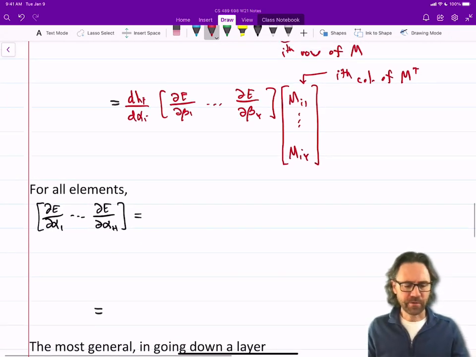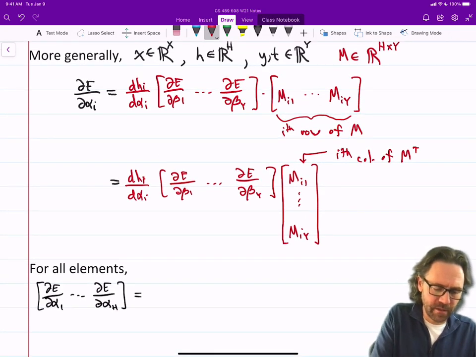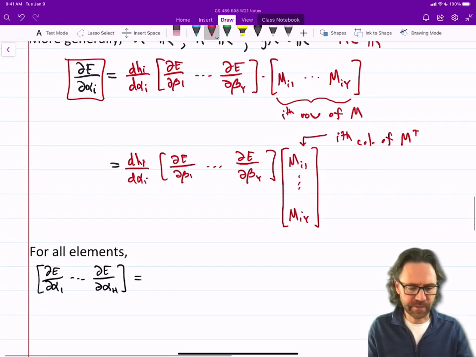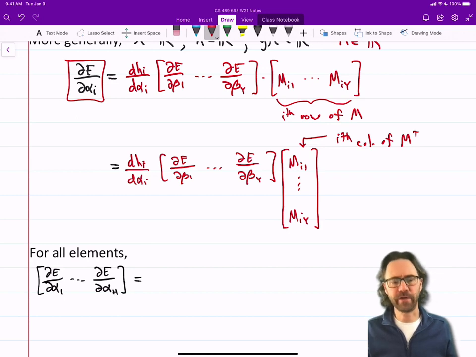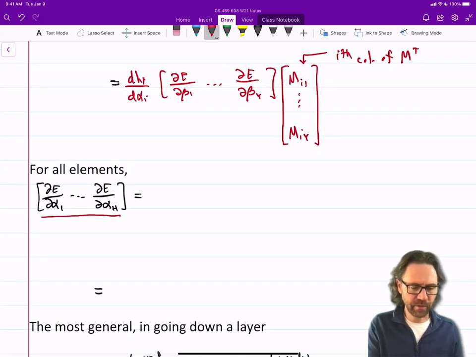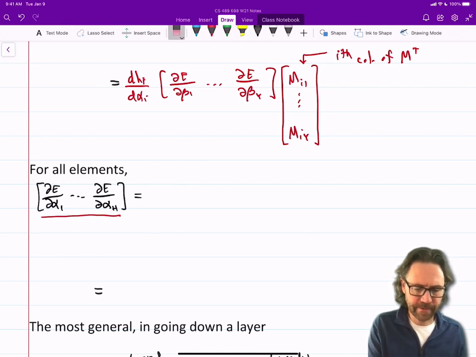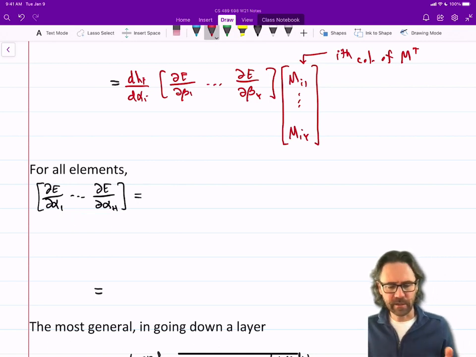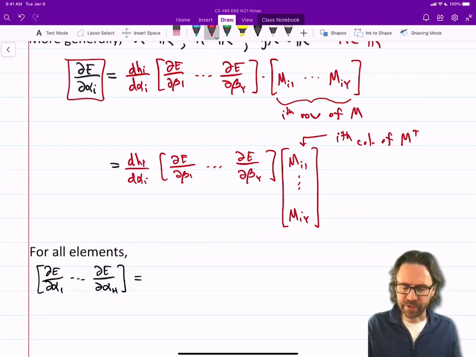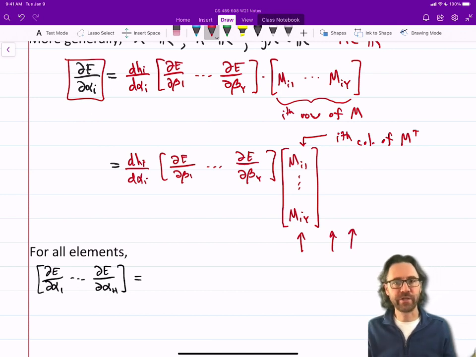Now that's just to compute the gradient with respect to one of the alphas. If we want to do all of the alphas, it's basically the same process over and over again, but we just lay them all in a big row. And so what that's going to do is cause us to use not just this one column, but multiple columns, one column for each alpha that we want.